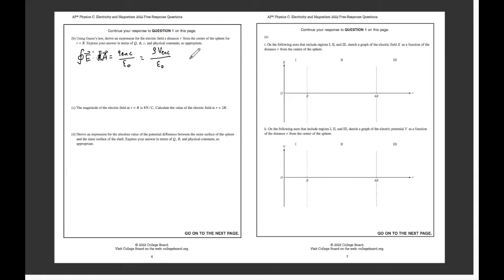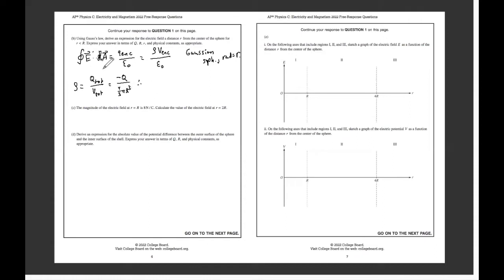We're going to go ahead and use a Gaussian sphere of radius little r. Now, the charge density, because this is a uniformly charged non-conducting object, is just going to be total charge over total volume. And so it's just going to be negative Q over 4/3 pi big R cubed.